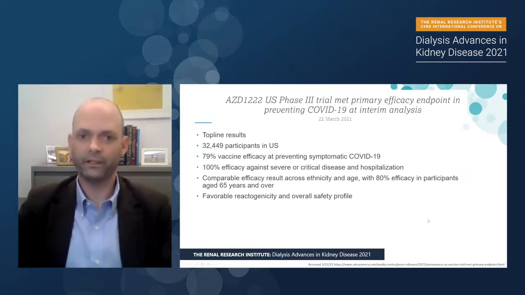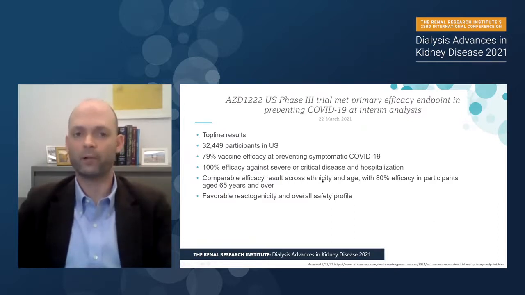Now, recently AstraZeneca released top-line results for the United States phase 3 trial, announcing that they met primary efficacy endpoints here in the United States as well. They had over 30,000 participants, and they reported a 79% vaccine efficacy at preventing symptomatic COVID-19 and 100% efficacy against severe or critical disease, including hospitalization.